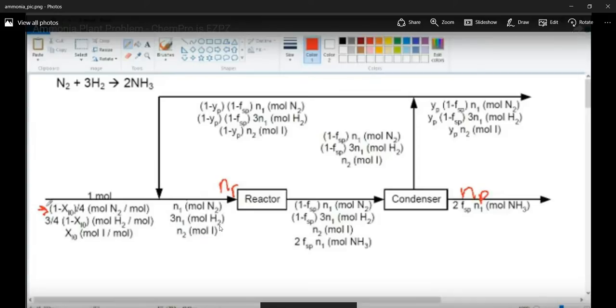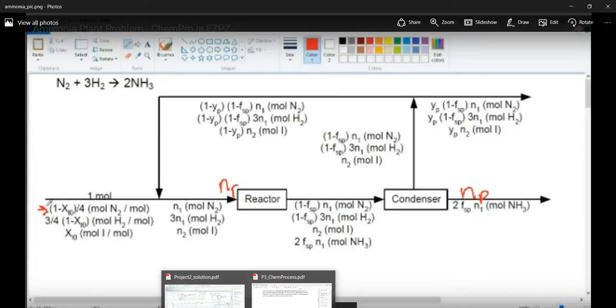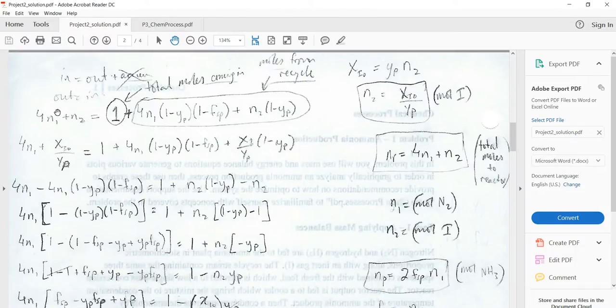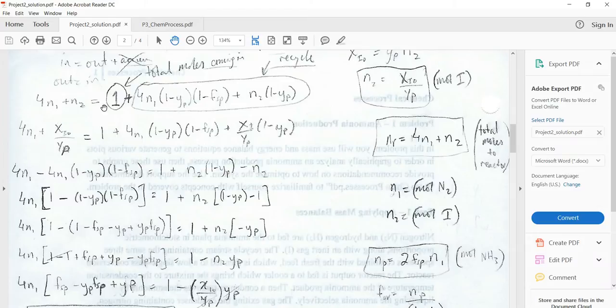So in order to find what each variable means, we would have to write them out in a mass balance equation, which I did over here. There were about 3 N1s for hydrogen.